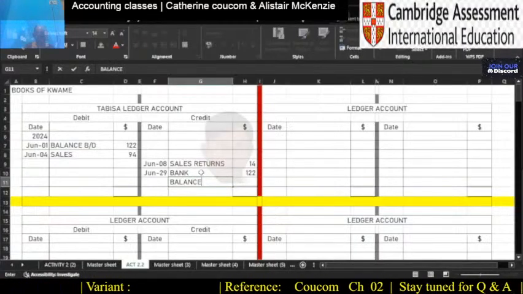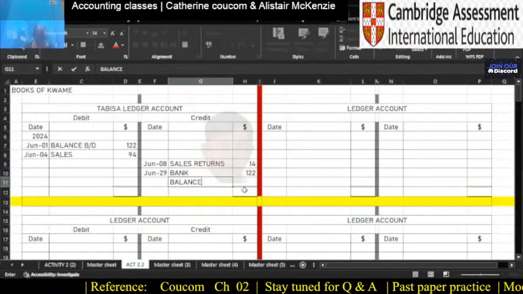So now we have to balance. How do we balance? First you put the total.